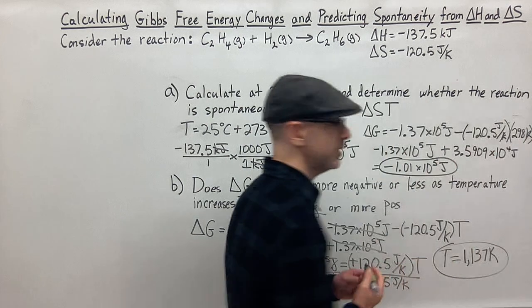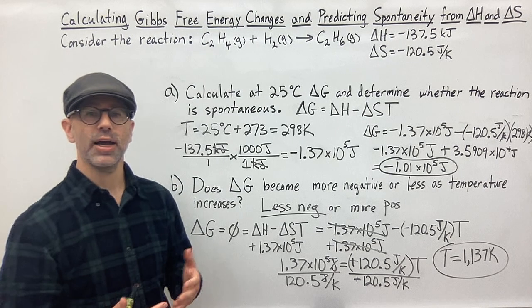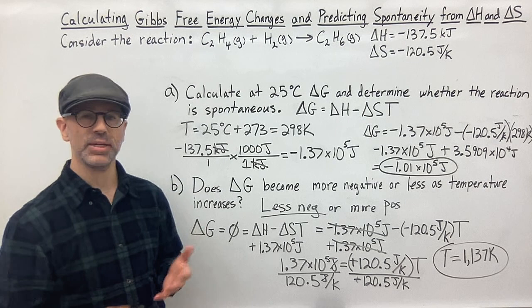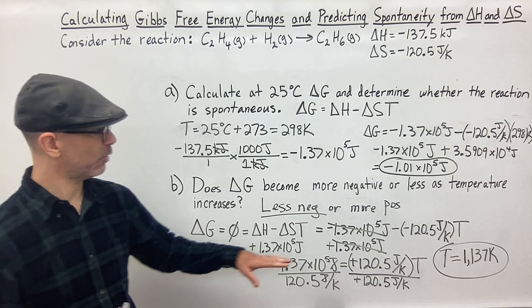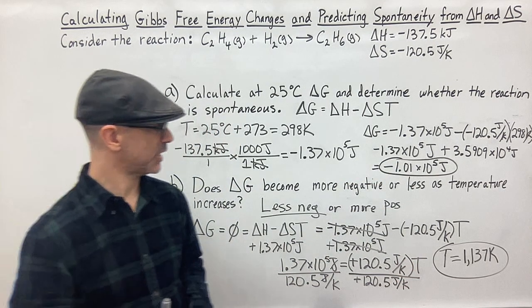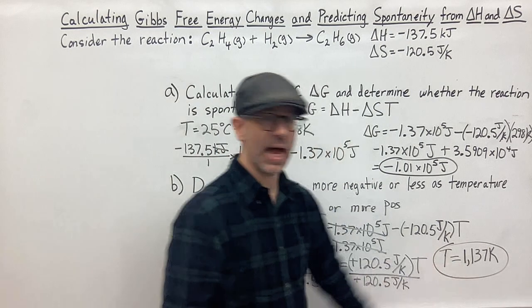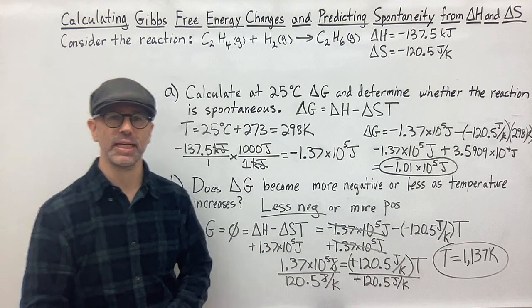So that is the temperature you would have to raise this reaction to in order for it to not be spontaneous. That would be the temperature at which, above that temperature, it becomes non-spontaneous. So at that temperature and above, it will be non-spontaneous instead of spontaneous.